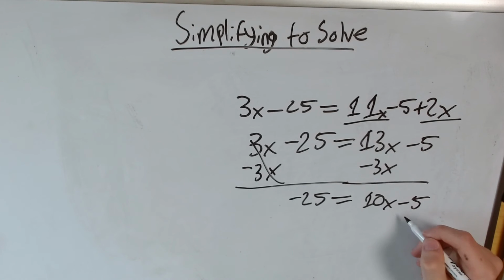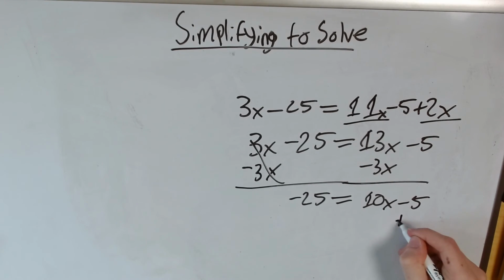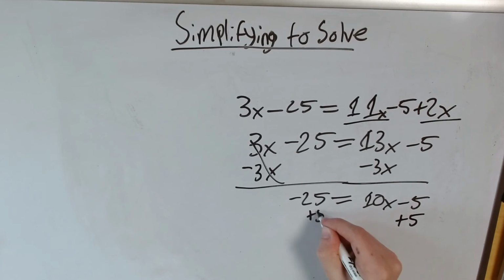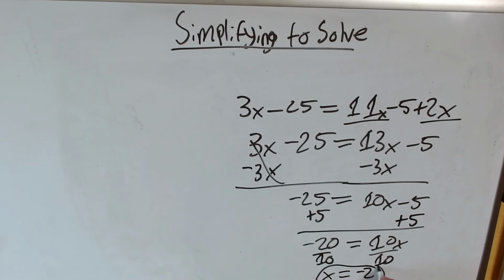We're going to get rid of subtraction or addition first. In this case, we have subtraction. So I'm going to add 5 to both sides. I get negative 20 equals 10x. I'm going to divide by 10 to get rid of that multiplication. And I get x equals negative 2. That is my final answer.